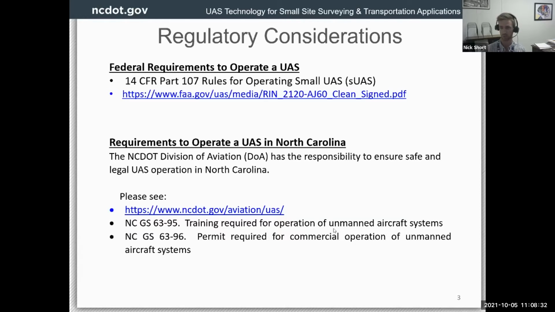The federal is the Part 107, and then depending on what state you're in, here in North Carolina, you've got to do some specific training and get another permit to operate a small UAS in a commercial or government project or fashion. And of course, the NCDOT Division of Aviation has the responsibility, and they're the ones that came up with these rules and regulations, and they're the responsible party here for the state of North Carolina.